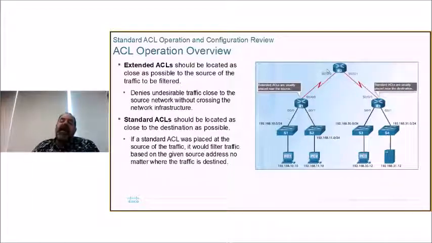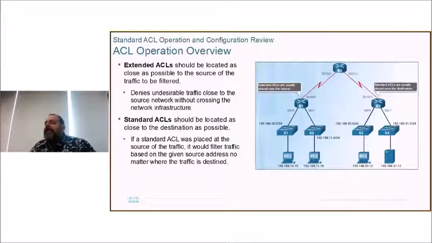The advantage of that is you don't have to route the traffic all the way to the destination and say, oh, sorry, now it's denied. I suppose the major downside with extended ACLs is that because there's more information, there's more comparisons to make, so there's more processing, so there'll be a little more hold up.